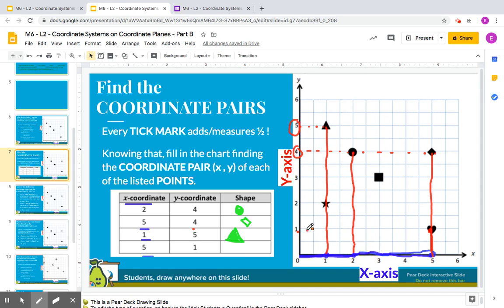Double check by going over, making sure it lines up. And it does. So I know the shape that has an x coordinate of 5, which means we went over 5, and a y coordinate of 1, which means we went up 1, is a heart.